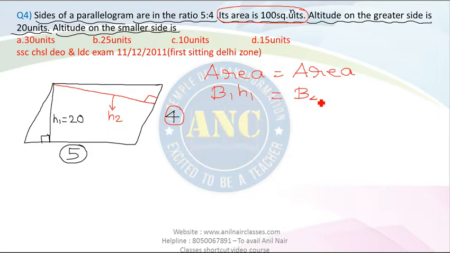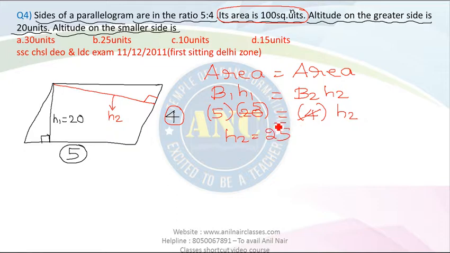Area of the second one is B2 into H2. Base 1 is given as 5 in terms of ratio. H1 is given as 20. Base 2 is given as 4 in terms of ratio. They are asking you to find H2 value. 4 into H2 equals 5 into 20 over... 4 into 1, 4 into 5, 5 into 5. Value of H2 is 25. Answer for this question is 25 units.